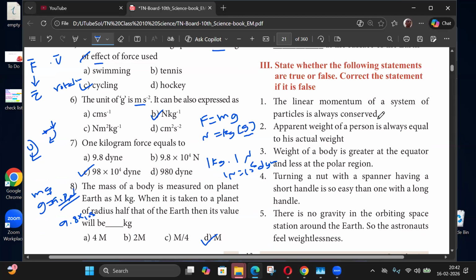False, sir. Nothing is always true. There will be a condition. So external force has to be zero. So not always. If false, reason is external force has to be zero. If this condition is not satisfied, it will not be conserved.